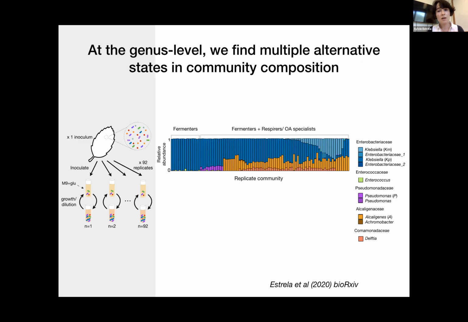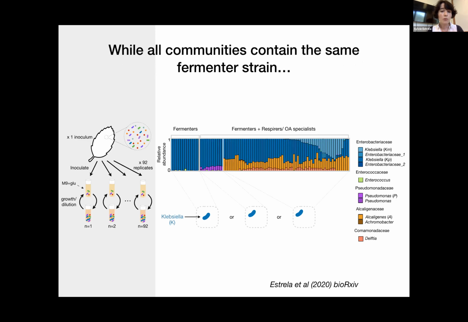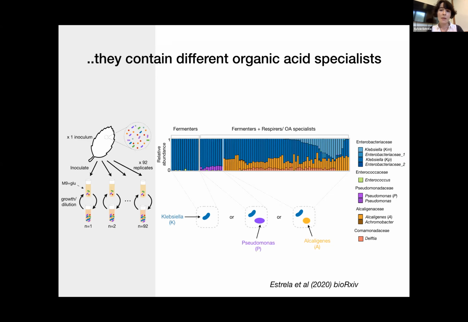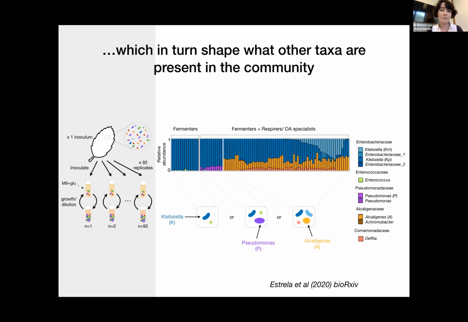And at the genus level, we again find multiple alternative states in community composition. And also the main difference between these states is the composition of the organic acid specialist group. So while within the fermenter group, all communities contain the same Klebsiella strain, shown here in dark blue, that I will call K, within the respire group, we find that communities contain either Pseudomonas or Acinetobacter as the dominant organic acid specialist.